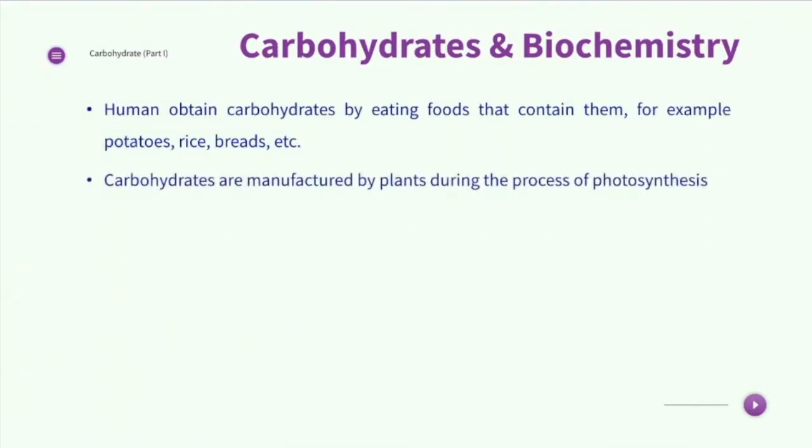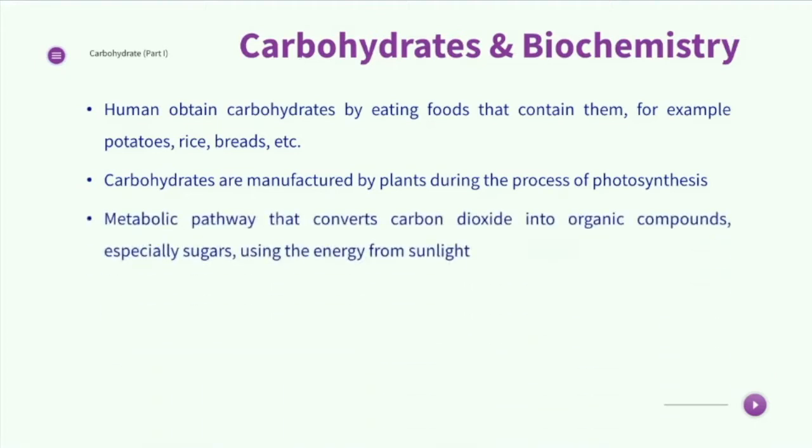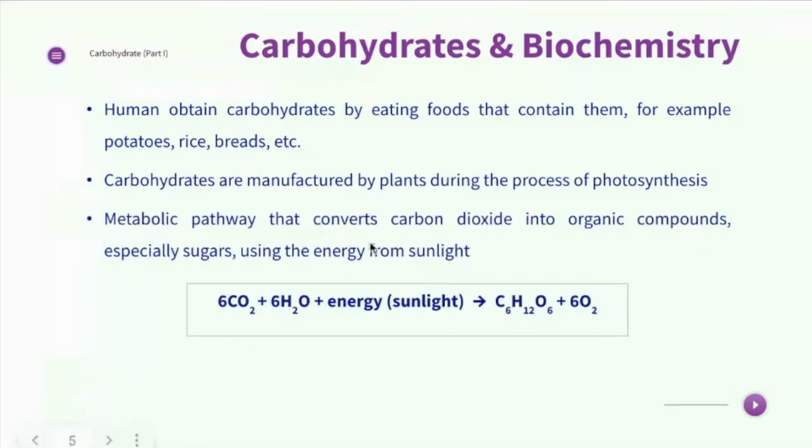Humans obtain carbohydrates by eating foods that contain them, for example, potatoes, rice, breads, etc. And carbohydrates are manufactured by plants during the process of photosynthesis. So the metabolic pathway of photosynthesis requires energy from sunlight. That is where the glucose is made. Okay.